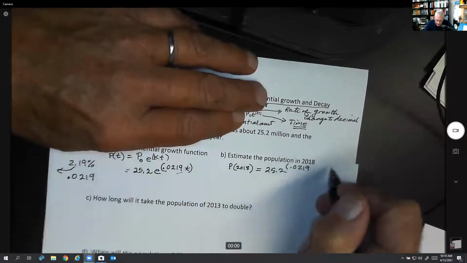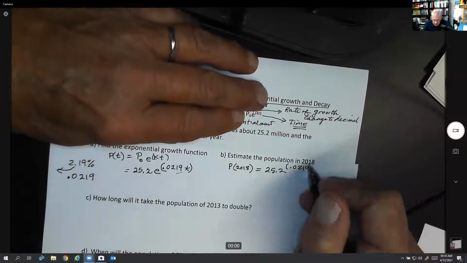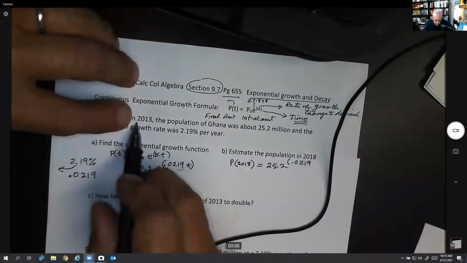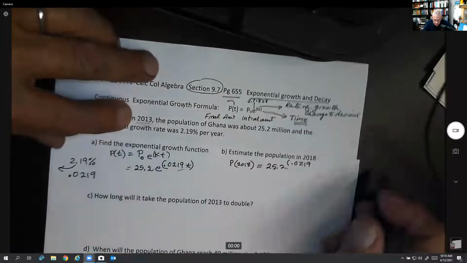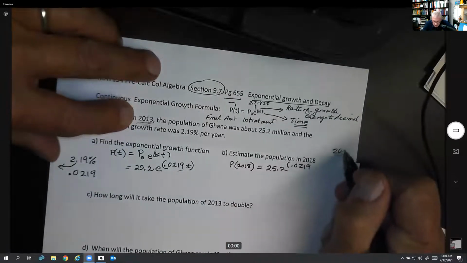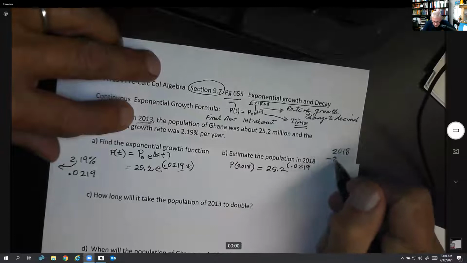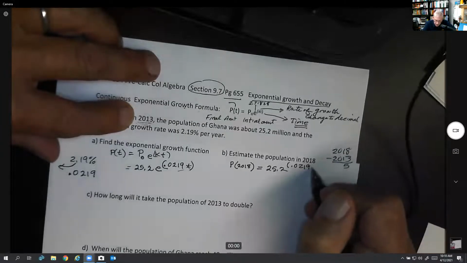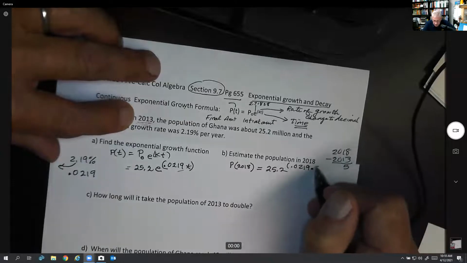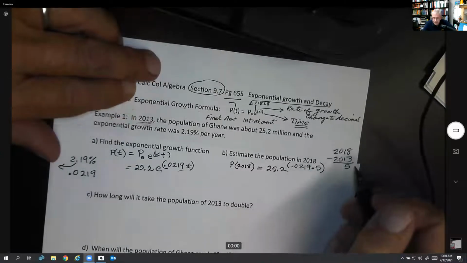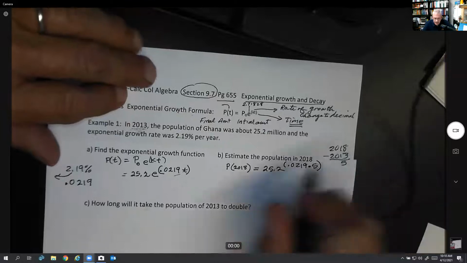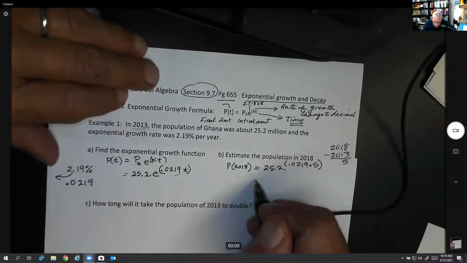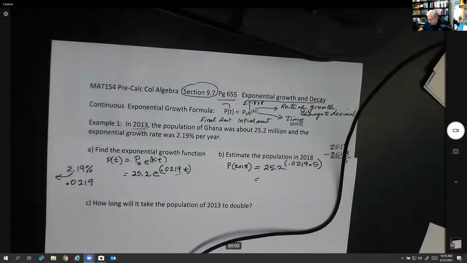But for time, we can't put in the 2018. The initial population was in 2013. So 2018 minus 2013 is 5 years. So we want to put the time in terms of years, times 5, like that. And this would give us a population for 2018. So it's just a matter of using your calculator.